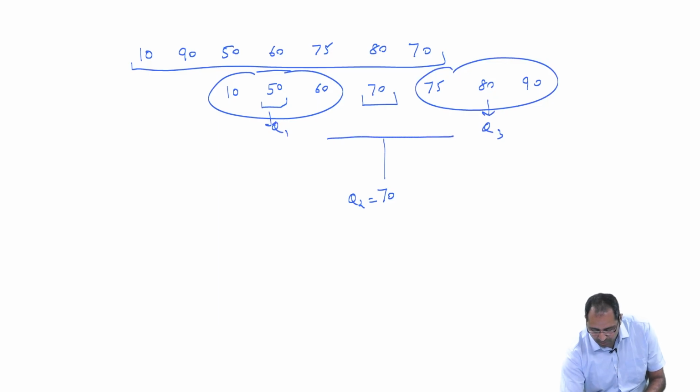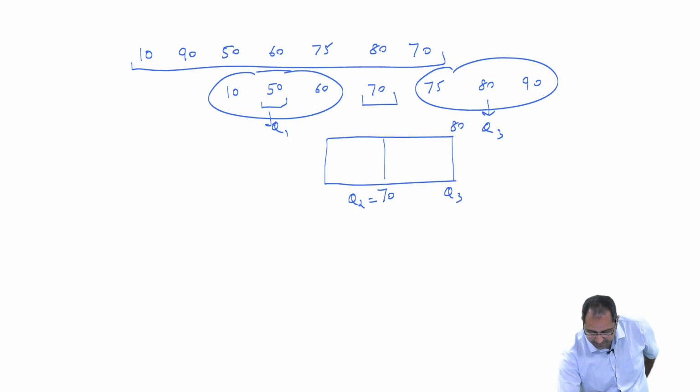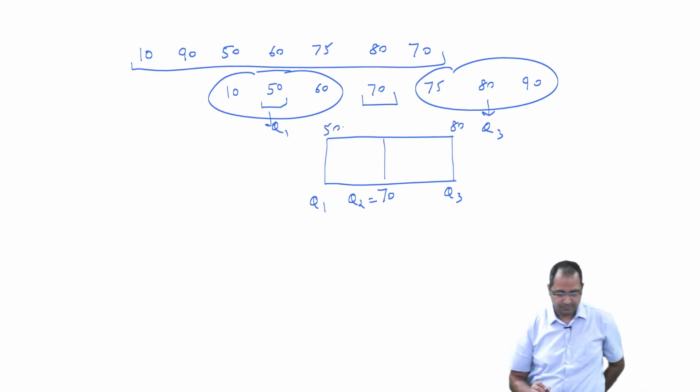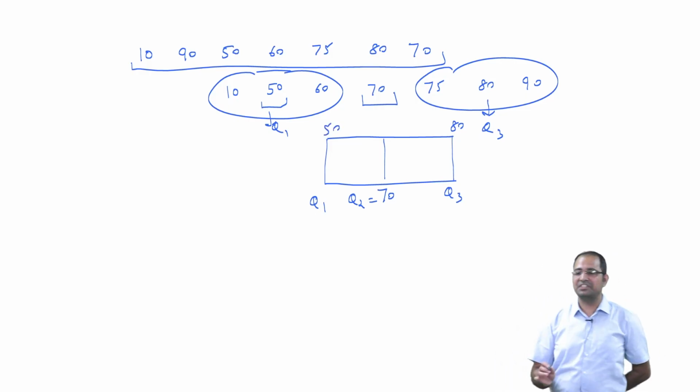So I will draw the box with quartile 3 at 80 and quartile 1 at 50. So the box is ready.